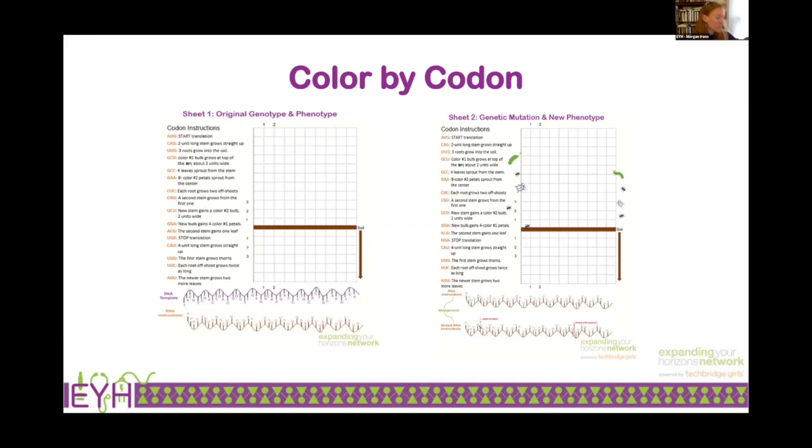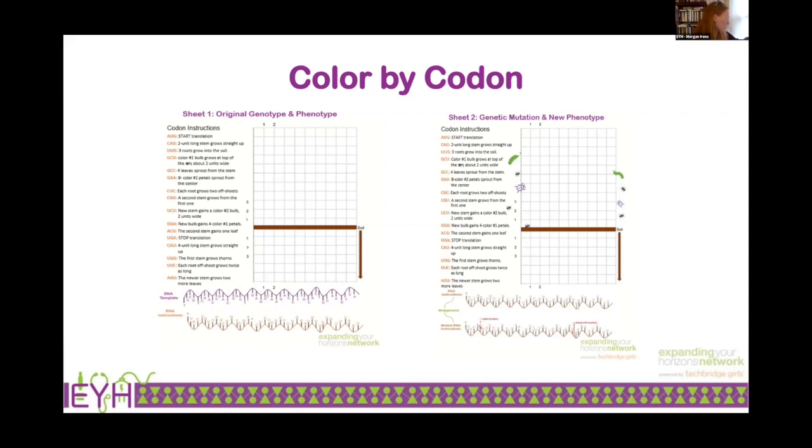So from your materials that you have received, you will pull out the color by codon packet. So it should look something like this. And from this packet, you will see a set of instructions for the activities, as well as 2 activity sheets.